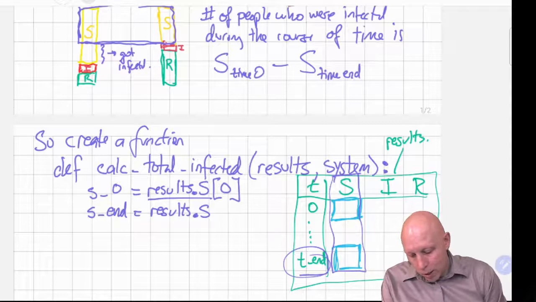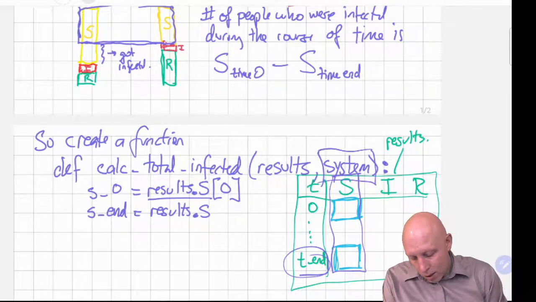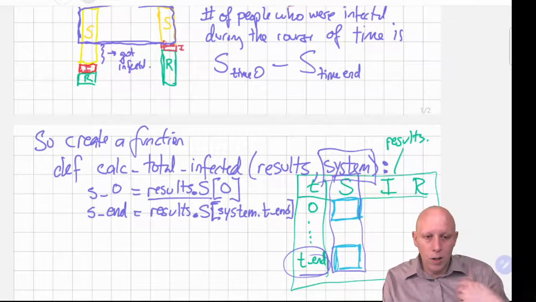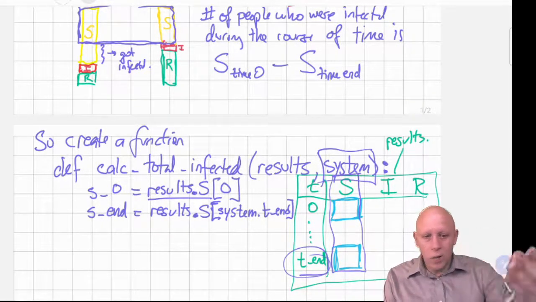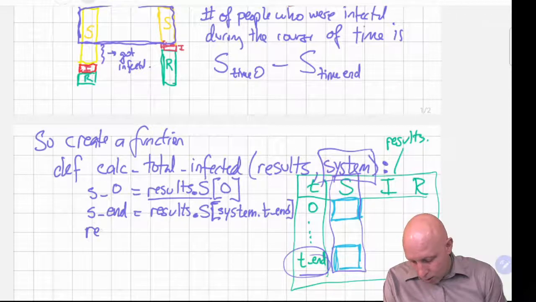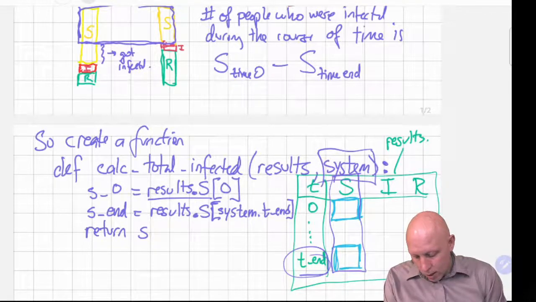And this is why we need our system object, because that's where our end time is stored: system.tEnd. So now we know our initial S value and our end S value, and what we then need to return is S0 minus S end.